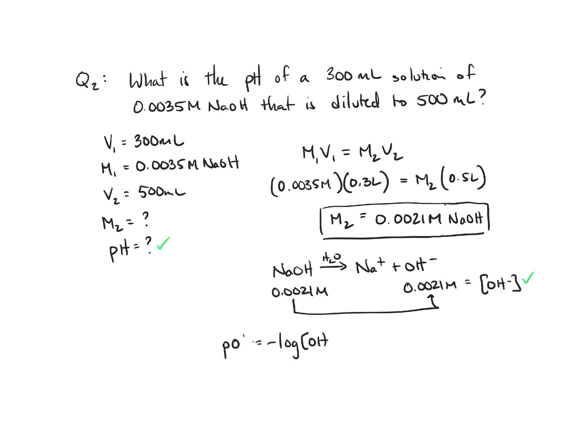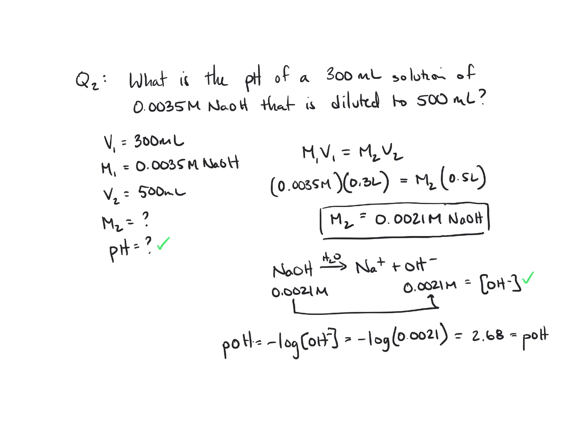That is pOH, which is the negative log of our concentration of OH minus, which we have right up here, which is equal to the negative log of 0.0021. And if we calculate that, negative log of 0.0021, we get 2.68.